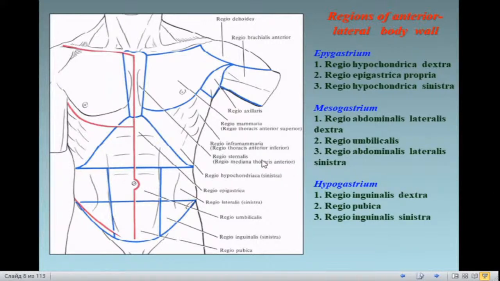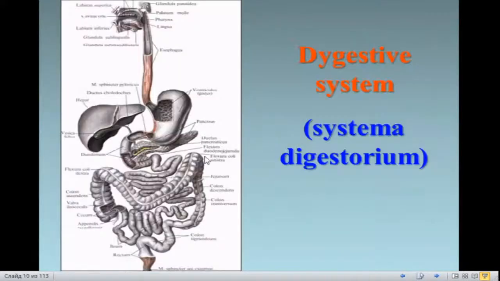For the thoracic region, we do not need the horizontal lines. I said that ribs serve for that instead, but the vertical lines you know already from the first semester. They are the anterior medial line, which is called linea mediana anterior. I will come back and show that.